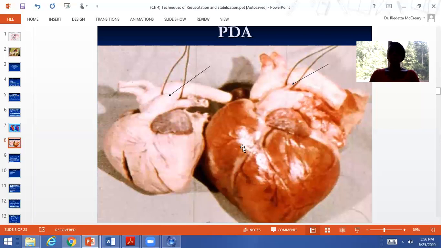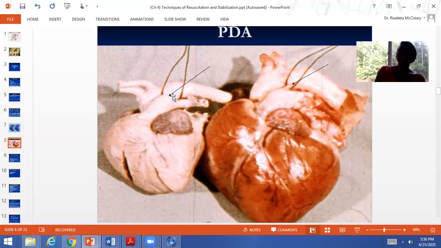Okay, this is what a patent ductus arteriosus looks like. Obviously, these are cadavers, and this heart was from a neonate who didn't make it, or it could have not necessarily been a human, but it could come from another mammal that has similar structures that we do.